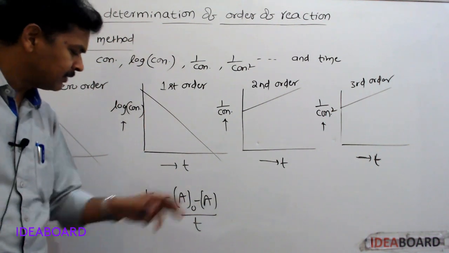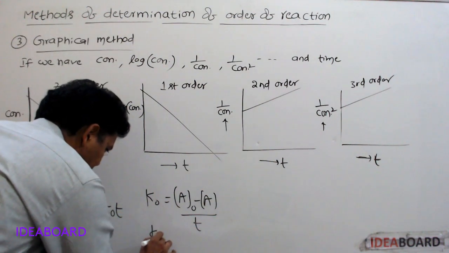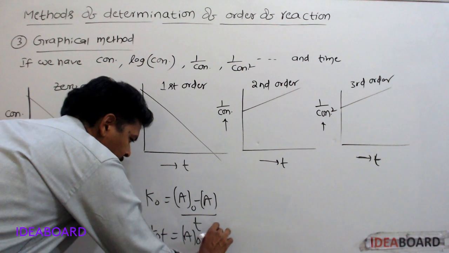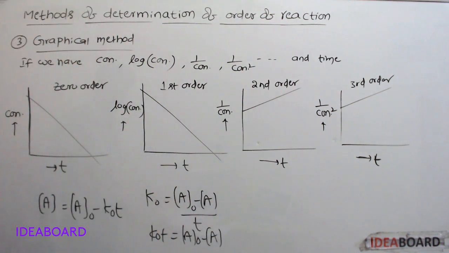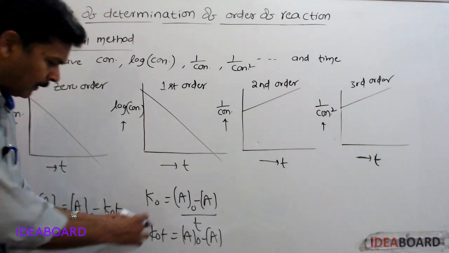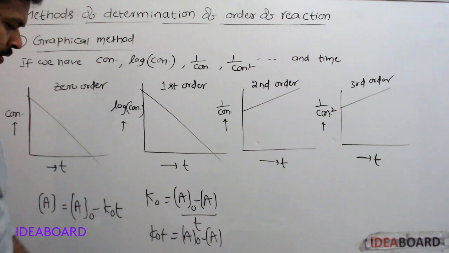From this we can write K naught T is equal to A naught minus A. Then A is equal to A naught minus K naught T. This is the zero order reaction integrated rate equation.